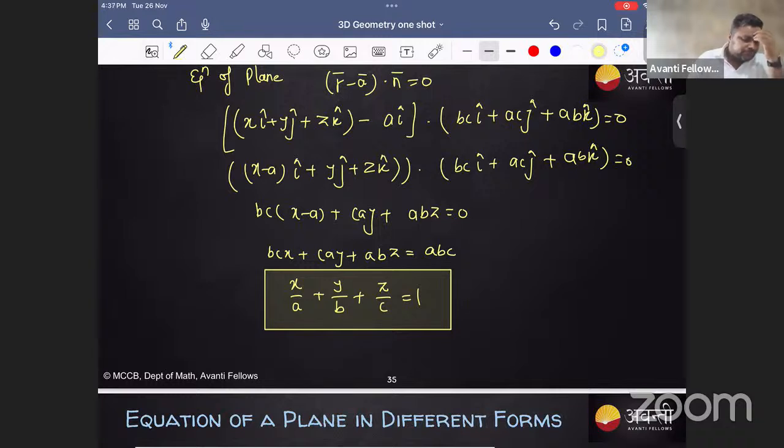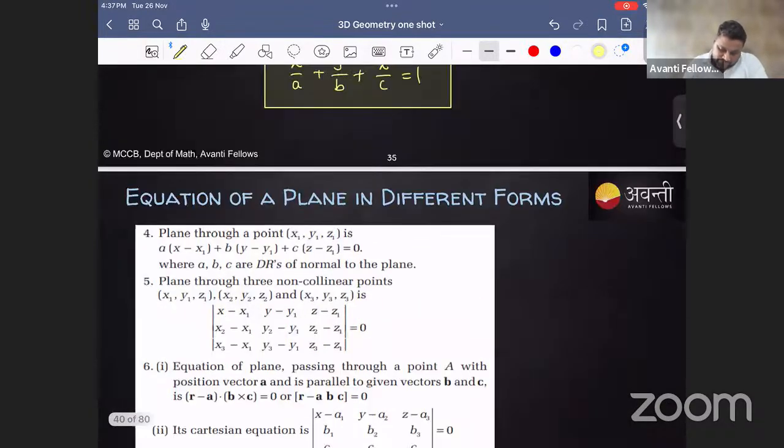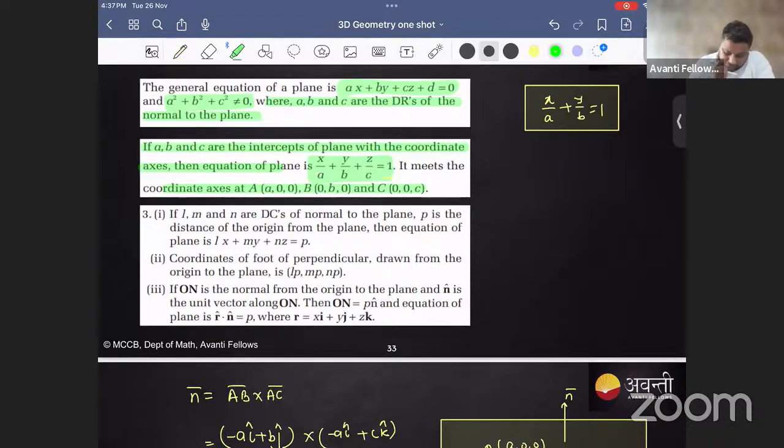Got it? Now see further. If l, m, n are direction cosines of the normal of the plane and p is the distance of the plane from the origin, then the equation of the plane is lx plus my plus nz equals to p.